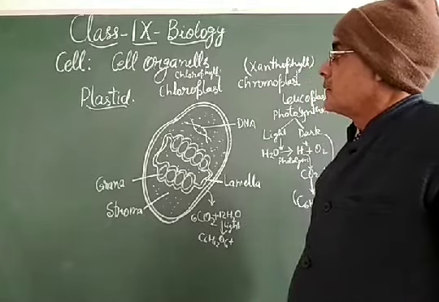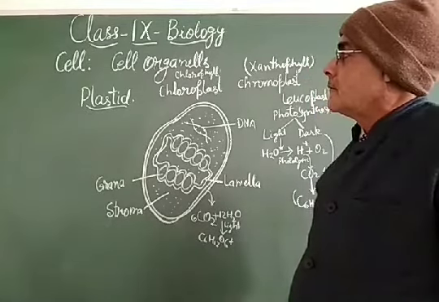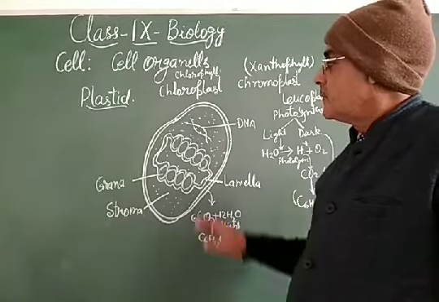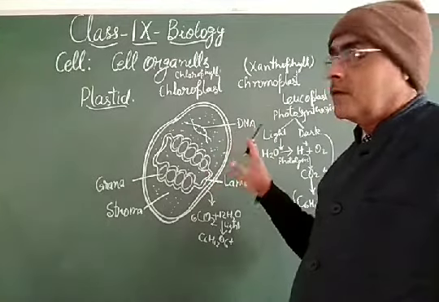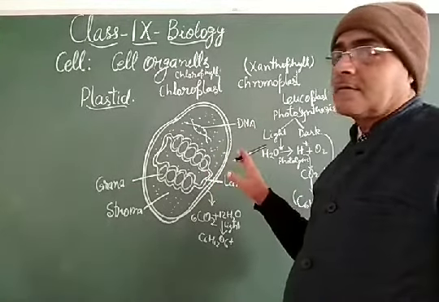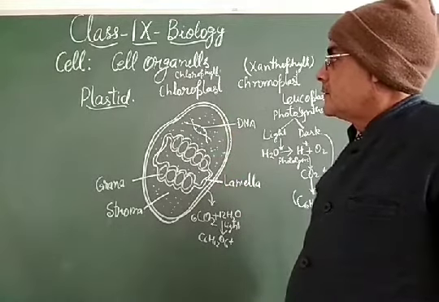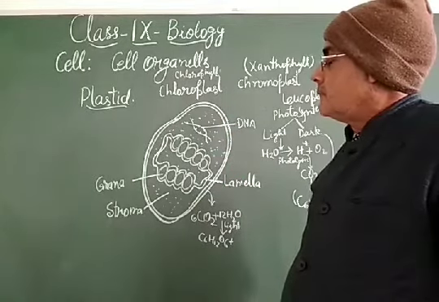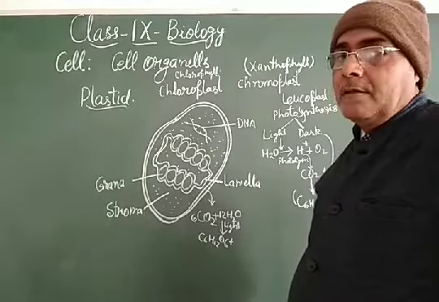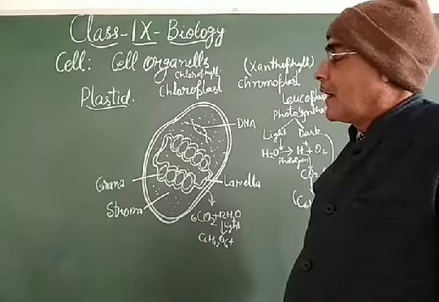and further you can understand the functions of the cell, that this particular cell is functioning alone, as a unit structure of the body, as a unit structure of the living plant.